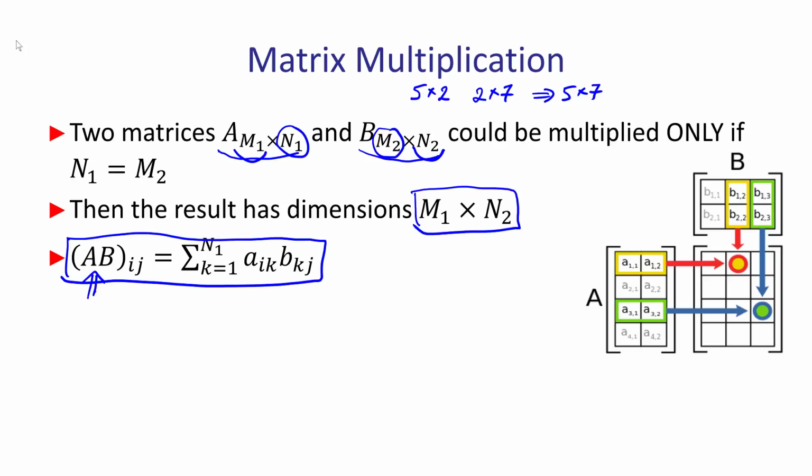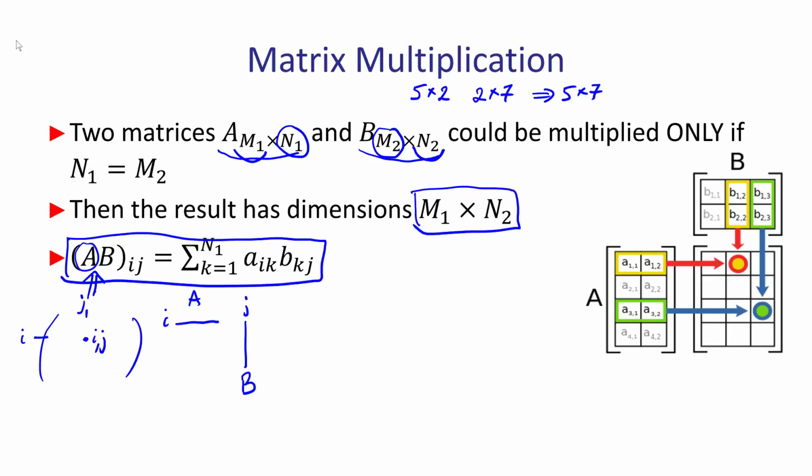This is element ij in the output matrix, the result of multiplying matrices A by B. If I want that specific element, and its location is ij, where i is the number of the row and j is the number of the column, I take row number i in matrix A and column number j in matrix B and make a dot product between those two.